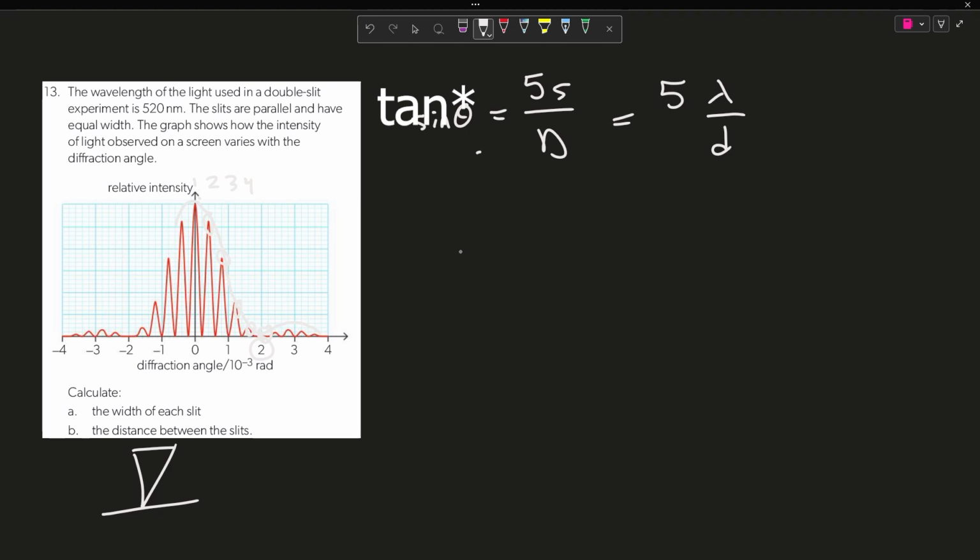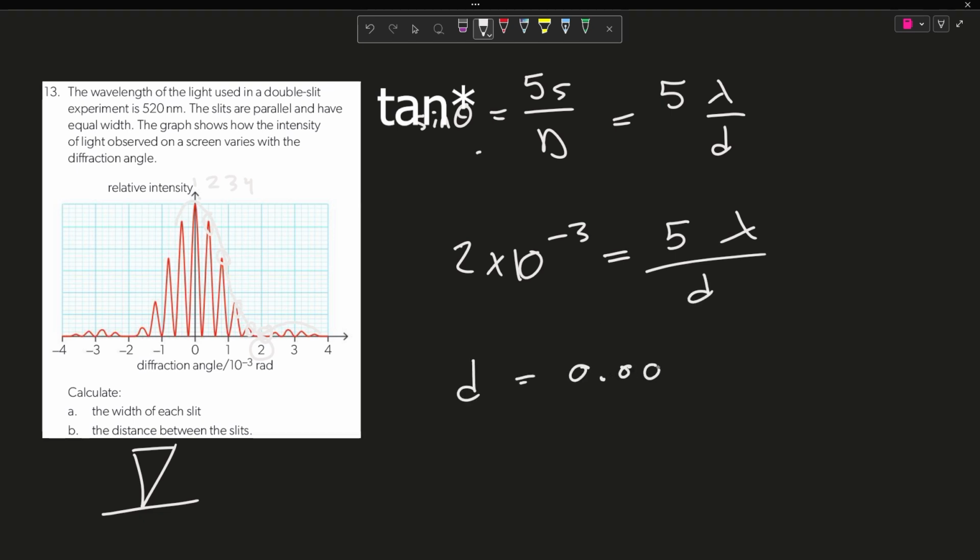So you can use sine theta is about equal to theta, which we know is 2 times 10 to the minus 3, is equal to 5 wavelength over d. And if you solve this for d, you should get 0.0013 meters.